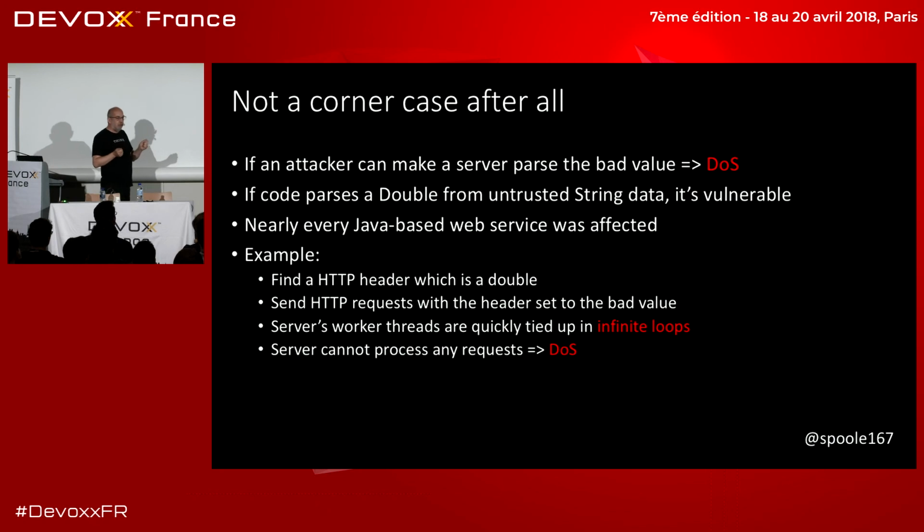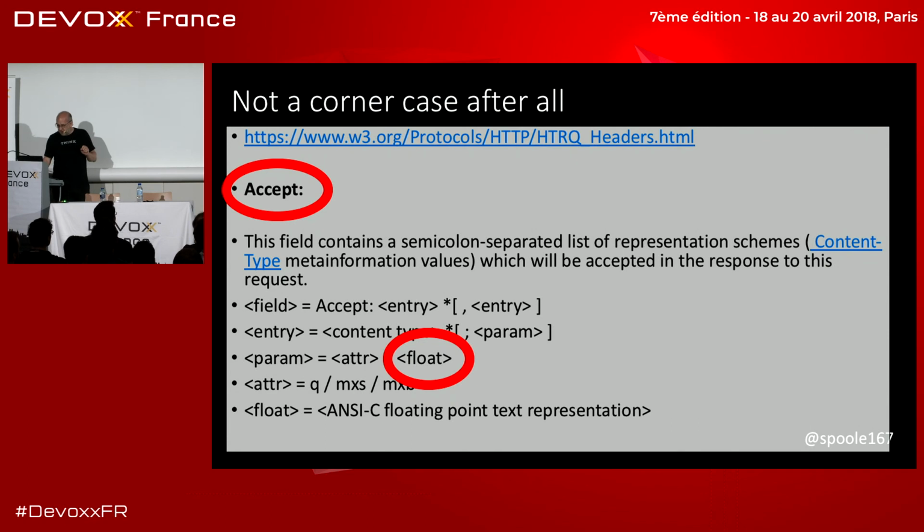And here's the really horrible thing. Where would you find floating point numbers that get parsed? You might go, well, that's unusual, it can't be that bad. Well, it turns out to be something really straightforward. You can go read about all the HTTP headers that can be sent to your server. One of them is called accept, which you may know about, where the client tells the server what it's interested in.